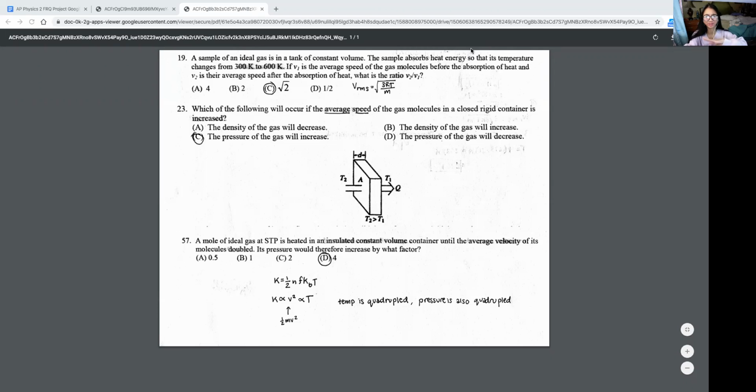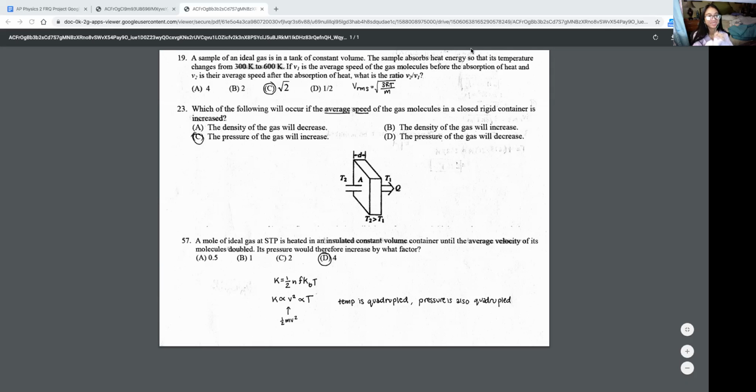Okay, where was I? v_rms equals the square root of 3RT over M, and this means that v is proportional to the square root of T. So if T doubles, v will increase by a factor of the square root of 2. In that case, we get C, square root of 2.